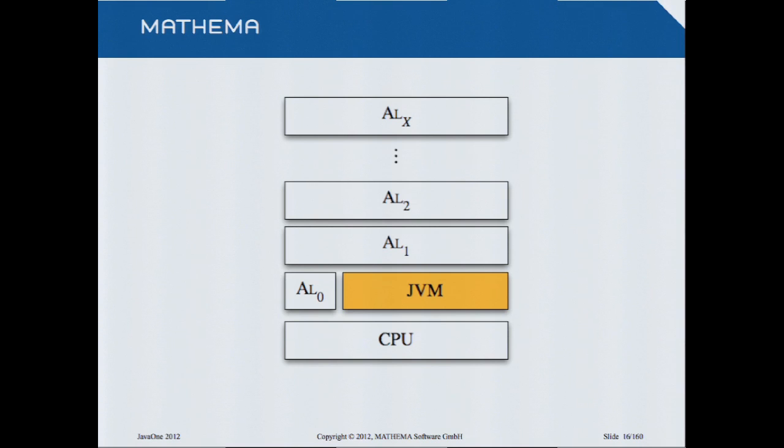If necessary, we can also use the lower level, and what I plan for the future is, what Java also tries to do, is that you can use the CPU without using the JVM and without explicitly using the Java native interface. So if you need any special things from the CPU, you can use them by using the level 0, and you don't need the JVM for that, and you don't need to care about the binding via JNI.